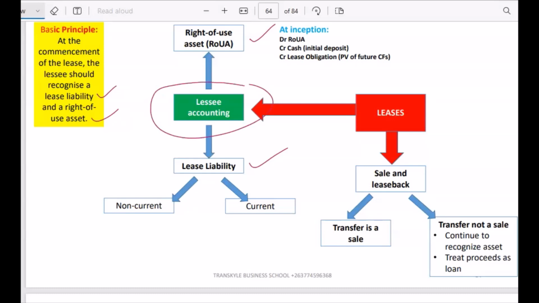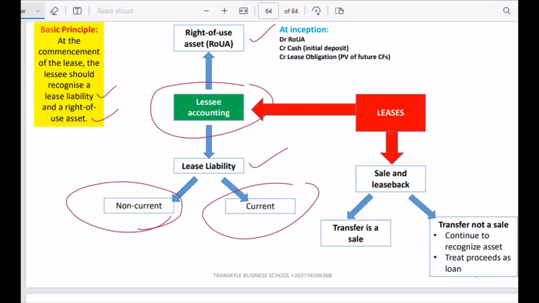However, this lease liability should be recognized as non-current, and so both the non-current and current components of the lease liability should be identified. So what are we saying?